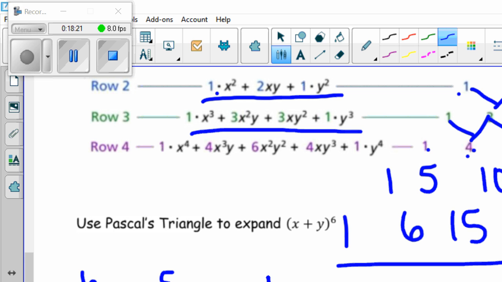Plus 15x to the 4th y squared plus 20x cubed y cubed plus 15x squared y to the 4th plus 6x y to the 5th plus y to the 6th power. See, if we memorize Pascal's triangle, know that pattern, how easy that was to multiply all of that out instead of having to write x plus y times x plus y 6 times and then FOIL. Much easier to do Pascal's triangle.